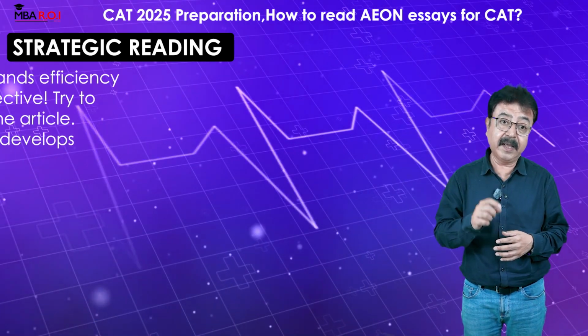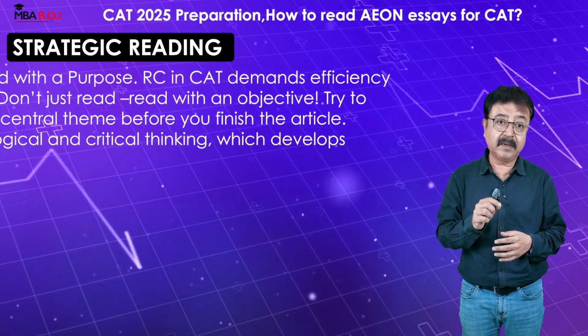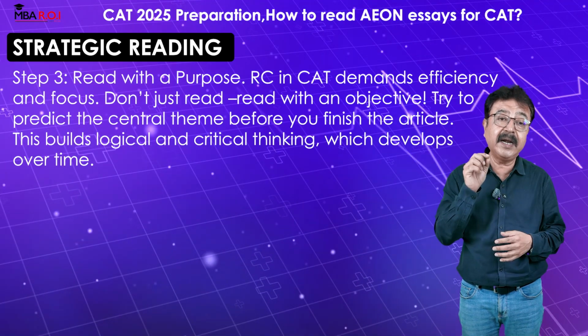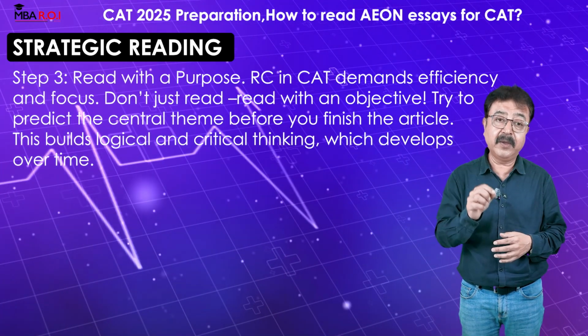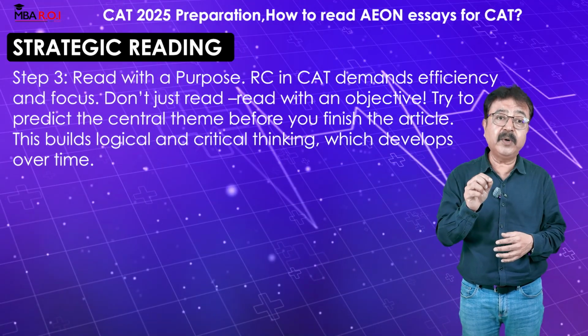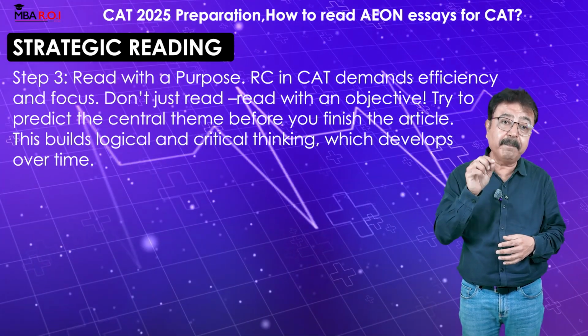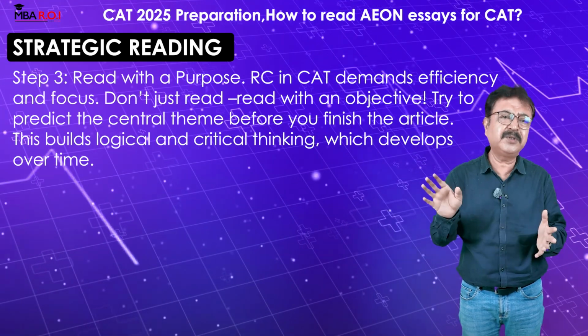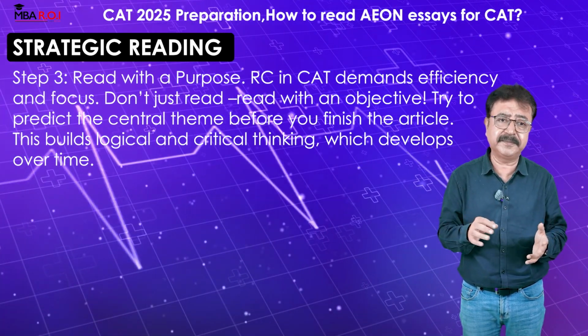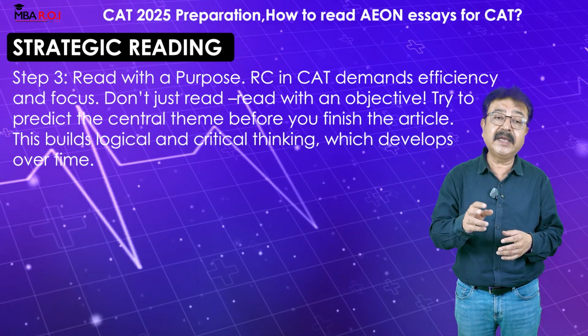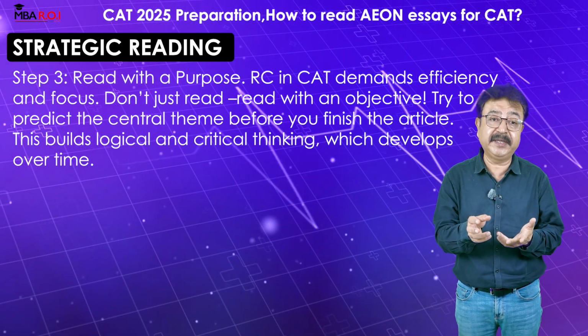Step 3, read with a purpose. RCs in CAT demand efficiency and deep critical thinking. Whenever you are reading an essay, you should put your focus completely. You should not read very casually. Try and understand the central theme of the essay before you finish reading the article.